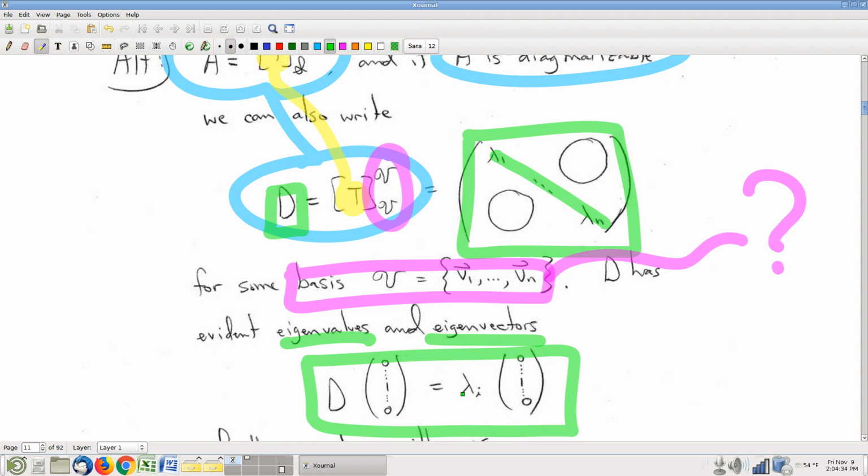I hope everybody remembers this fact in green. Diagonal matrices: easy eigenvectors, easy eigenvalues. Yeah? Wouldn't that matrix be the identity matrix? The matrix that you're saying is a vector? Say it one more time.